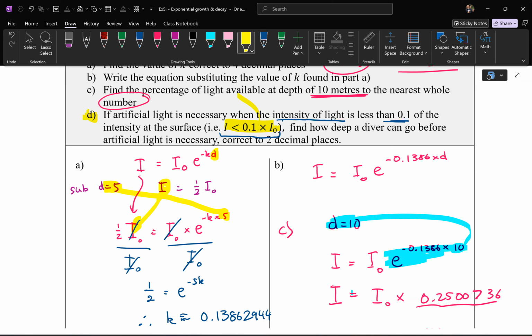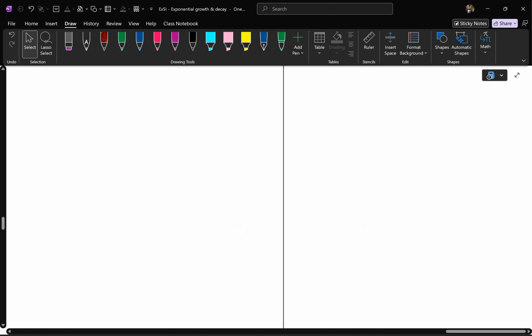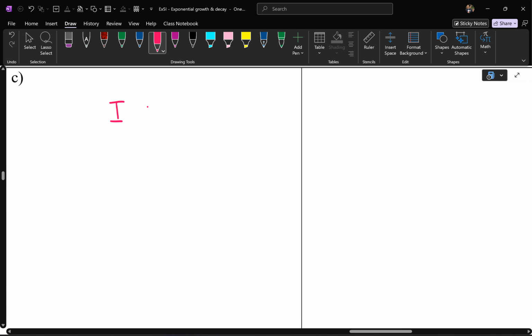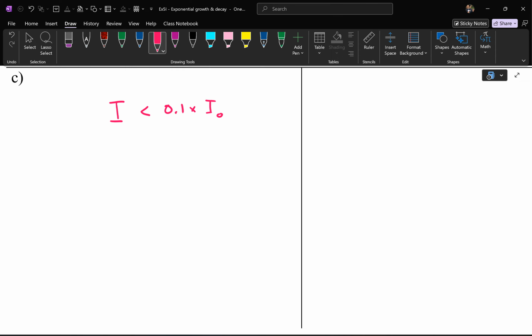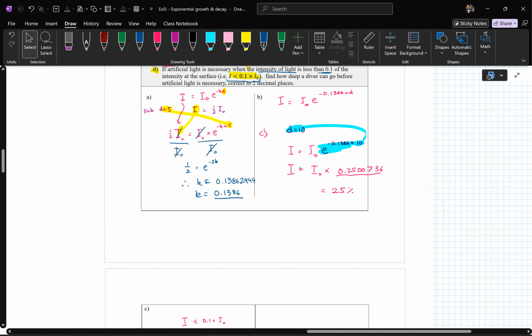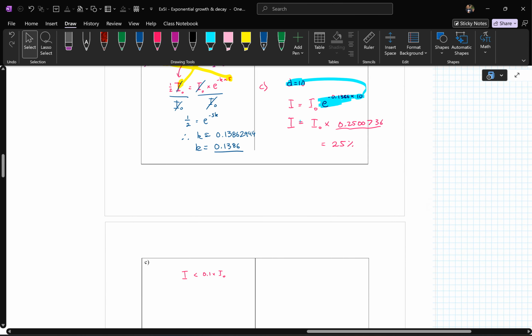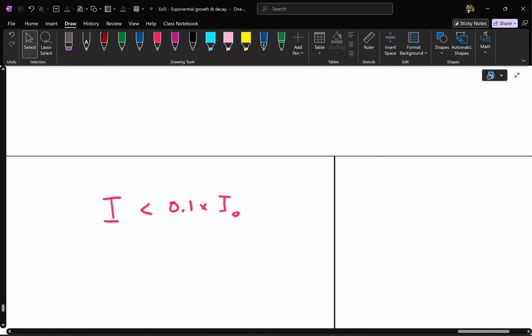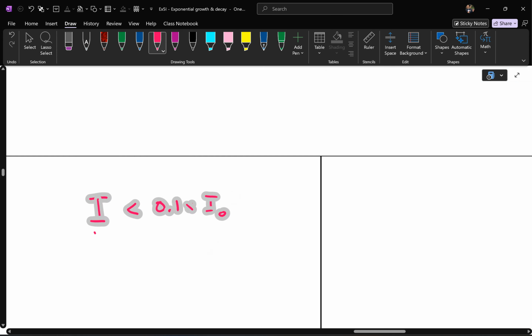Okay? So all you have to do in part D was actually to solve I less than 0.1 times I naught. But I naught, we already have the equation for I. And how do we then do this? Essentially, you are solving when is the intensity.